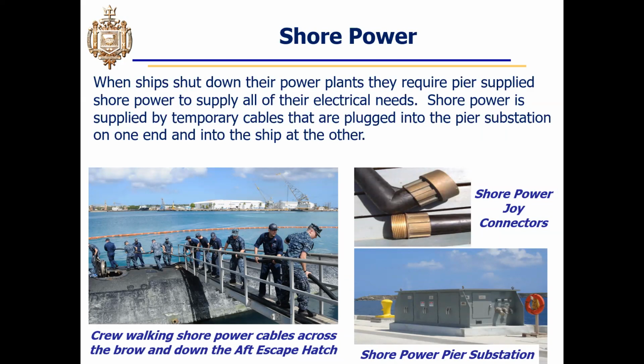So you can see in this picture, the crew is lowering the shore power joy into the trunk, and you'll have a person straddle the width of the trunk and then plug the joys into the 3-phase prongs within the aft escape trunk, which in turn is bus wired to one of the ship services switchboards.